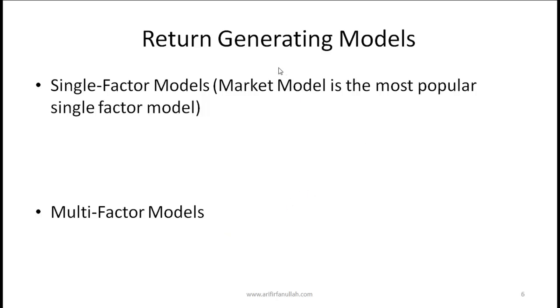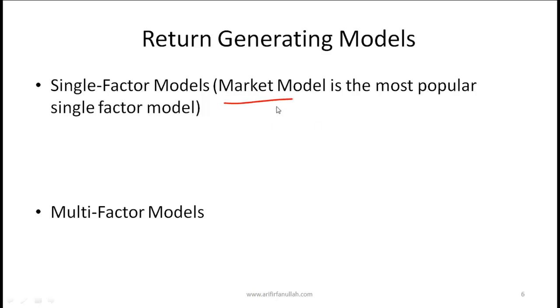Okay, let's talk about the concept of return generating models. The whole point with return generating models is that we look at risks and risk factors and come up with how much return we would require for a given level of risk. The simplest kinds of models we use are called single factor models, and the most popular kind of single factor model is called the market model.